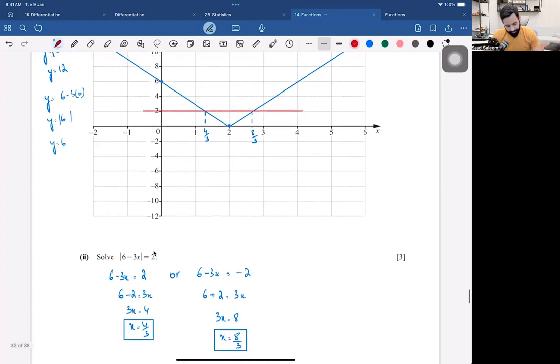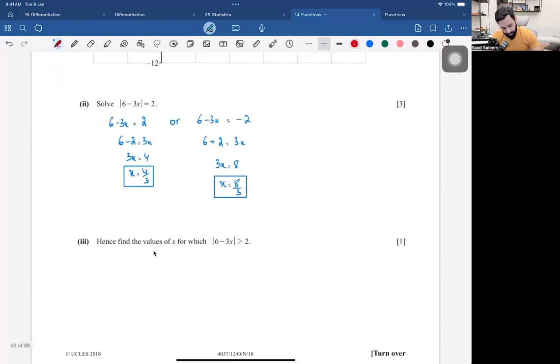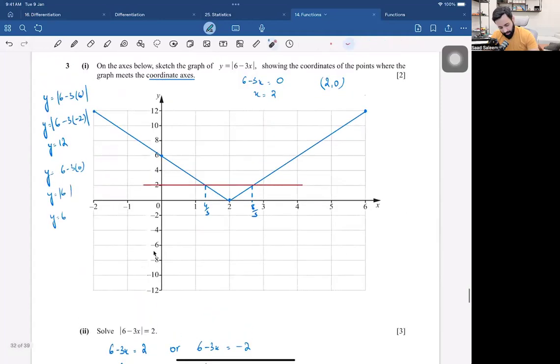Here it is. Because the question says find the values of x for which 6 minus 3x is greater than 2, that means we want the range of x where the modulus is above the line y equals 2. So what's the range of x where this modulus graph is above the line y equals 2?